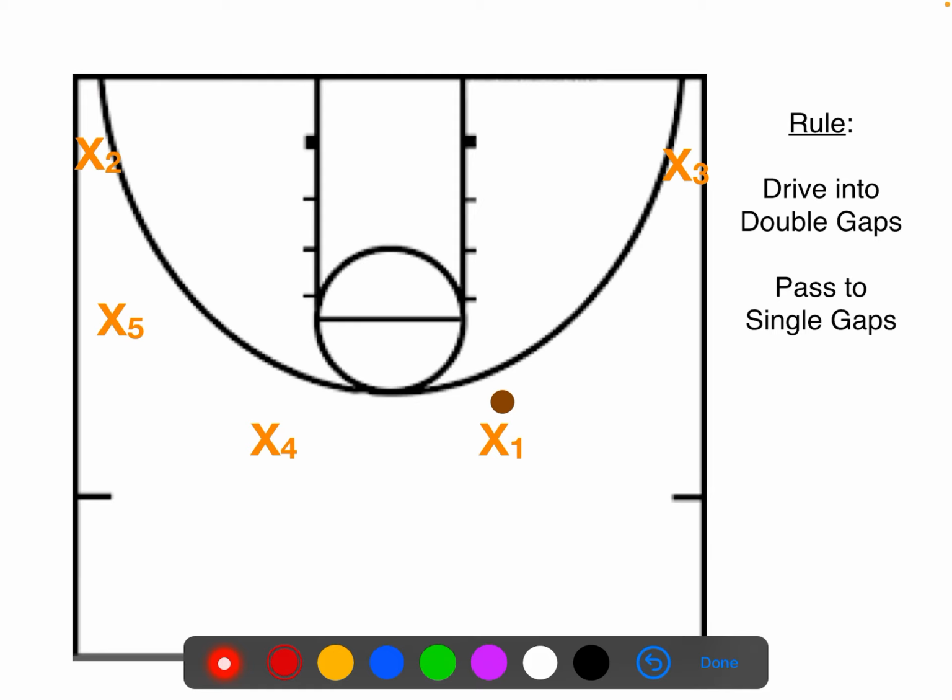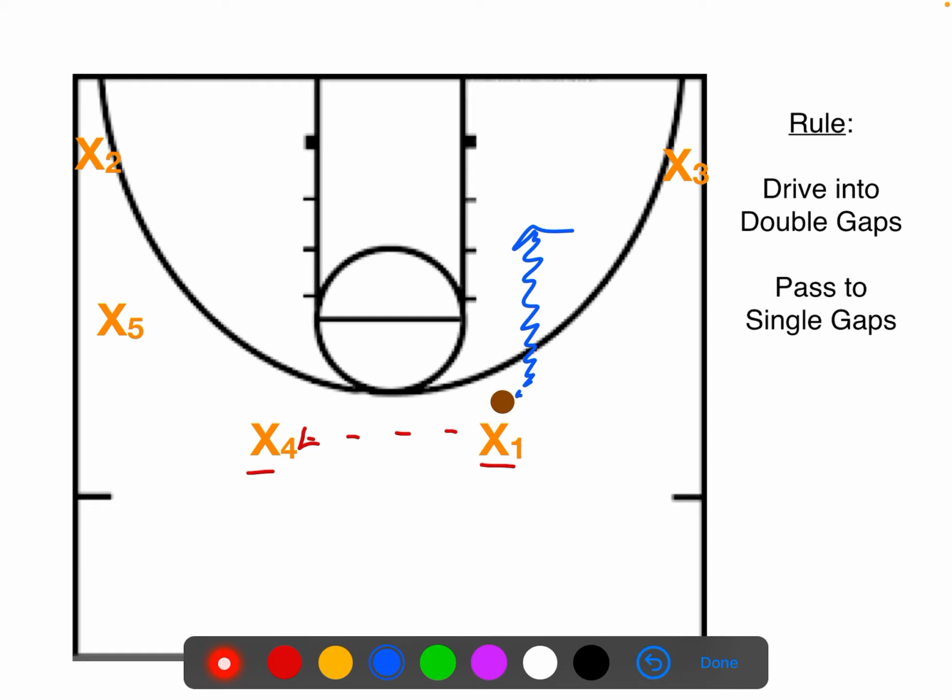The rules of flow are that if we have a single gap, like between X1 and X4, then we pass through single gaps. If we have a double gap, right here would be a double gap, then we drive in double gaps.